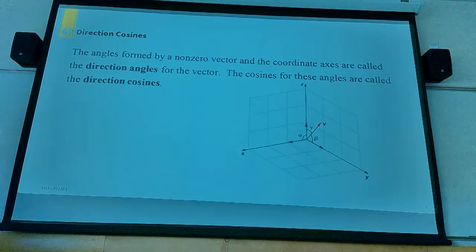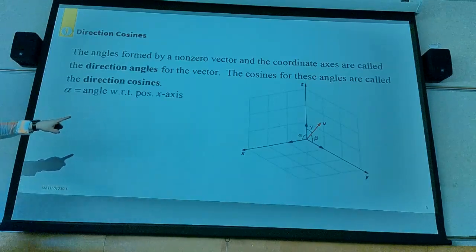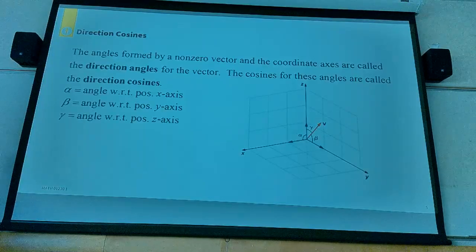So you have a vector in space. Alpha is the angle that the vector makes with respect to the positive x-axis. Beta is the angle the vector makes with respect to the positive y-axis. And gamma is the angle that the vector makes with respect to the positive z-axis.